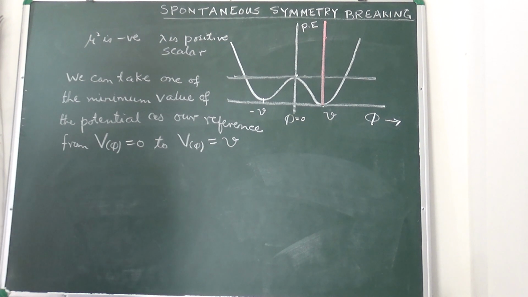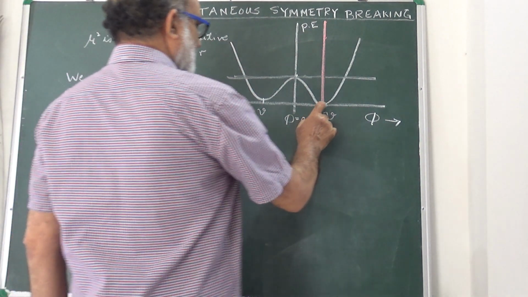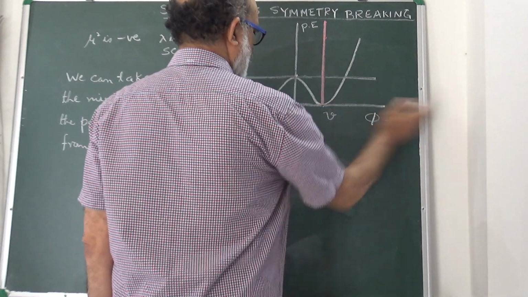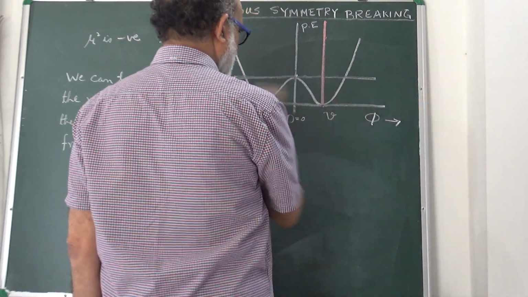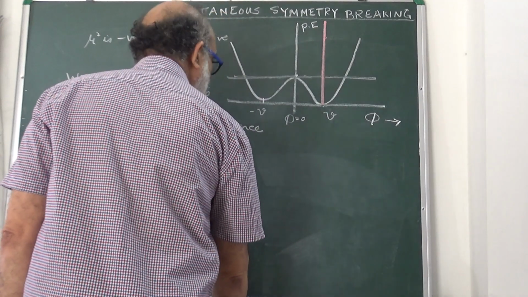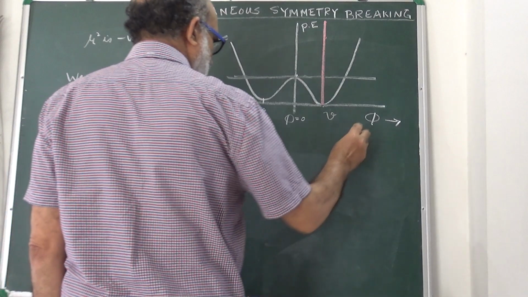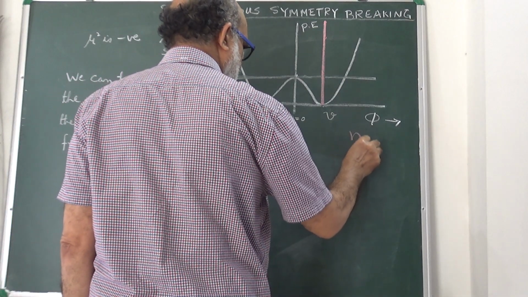So we start the field. Assume that this field is 0 here. We let the new field be denoted as eta.